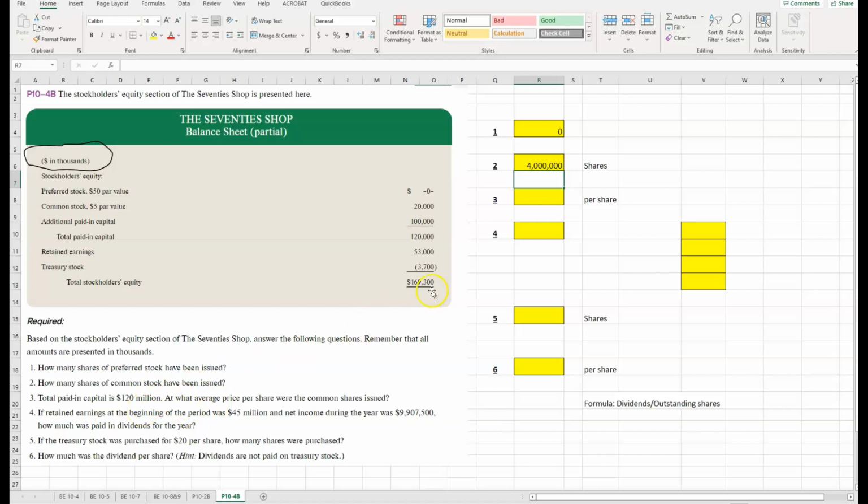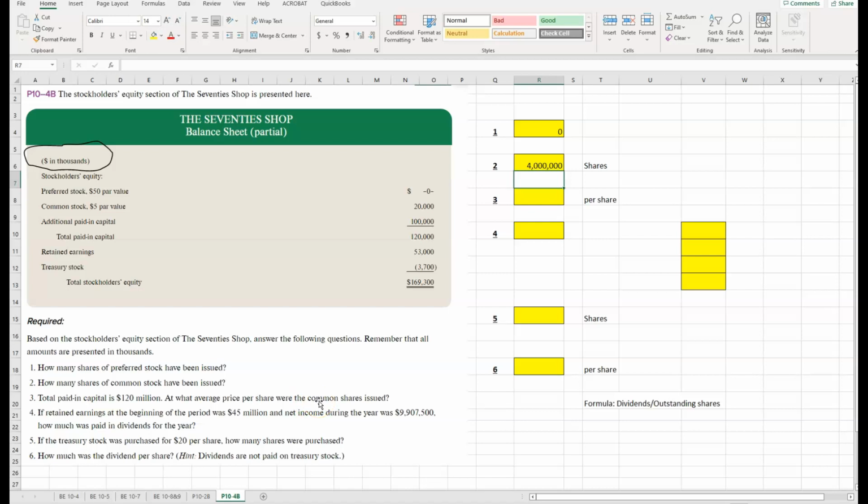Total paid-in capital is 120 million. See this? Total paid-in capital 120 million, because it's 120,000 plus 3 zeros. At what average price per share were the common shares issued? Okay.